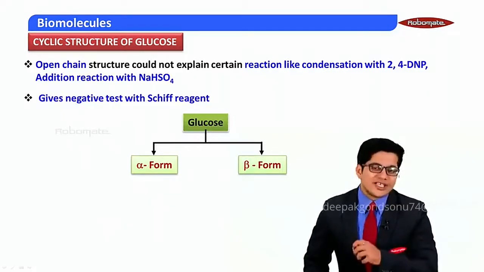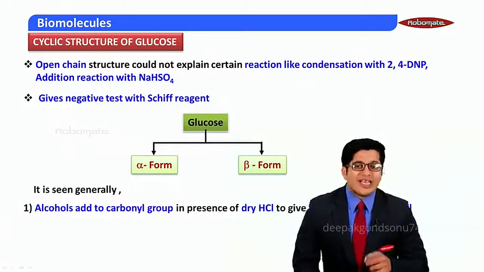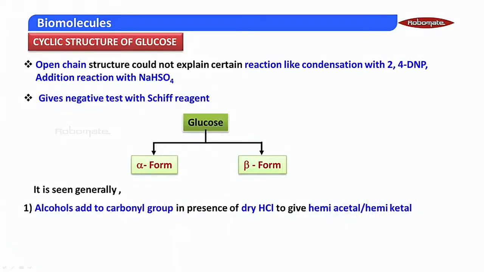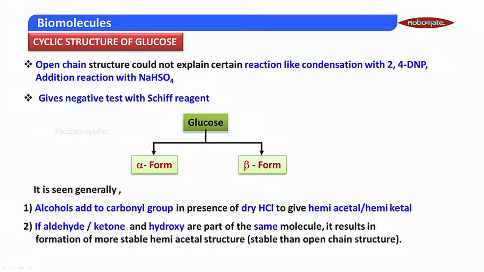And according to this, what we need to know is, it is generally observed that when alcohols add to the carbonyl group in the presence of an acid, they give either a hemiacetal or a hemiketal. And when the aldehyde or ketone and the hydroxyl are part of the same molecule, they result in the formation of more stable hemiacetal or hemiketal structures, mind it, more stable than the open chain structures.